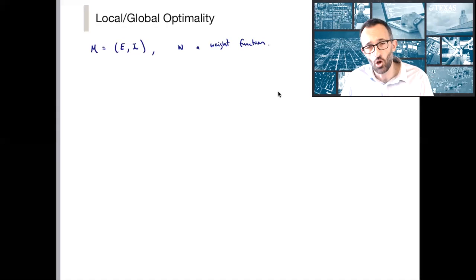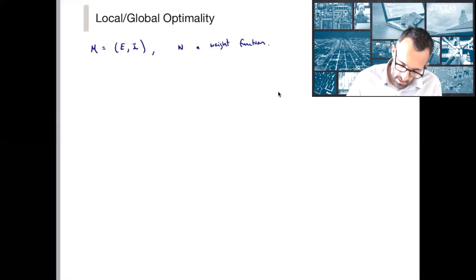Basically saying if there's no single element that you can swap in order to make your life better, then you must be at a globally optimal solution. So in other words, this is the following.